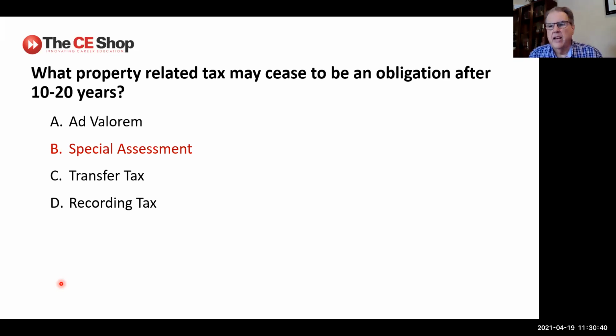A transfer tax is based on the transfer of real estate, and many different government entities will have some kind of transfer tax or other. Recording tax is just some other monkey business tax that some communities will inflict on you to record documents or record a transfer, maybe. But a special assessment, they rip up your street.